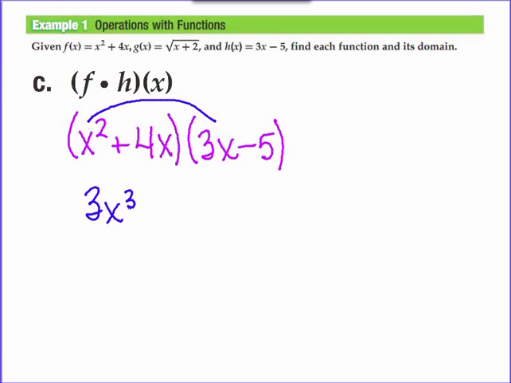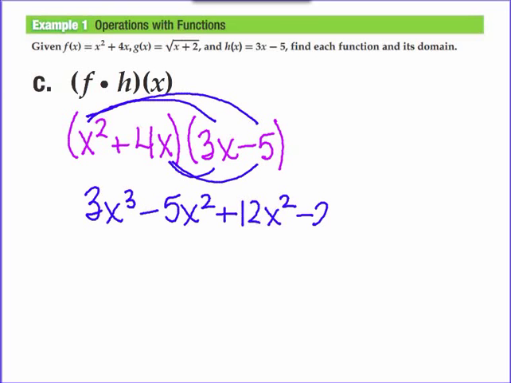So I get 3x cubed minus 5x squared plus 12x squared minus 20x. So now what I need to do is add like terms.